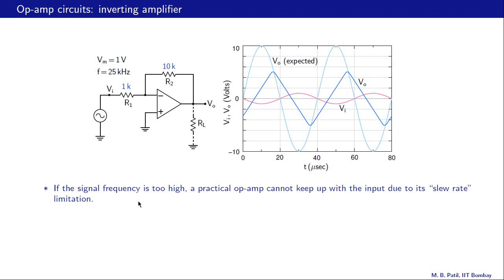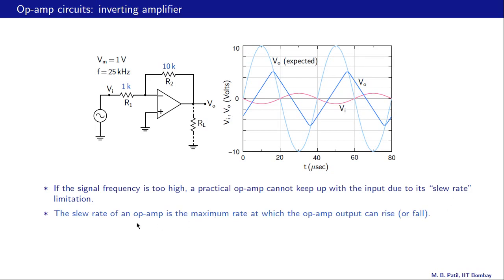There is another limitation that arises for a practical op-amp, and that has to do with the signal frequency. If the input signal frequency is too high, a practical op-amp cannot keep up with the input due to its slew rate limitations. And let us see what this slew rate is.